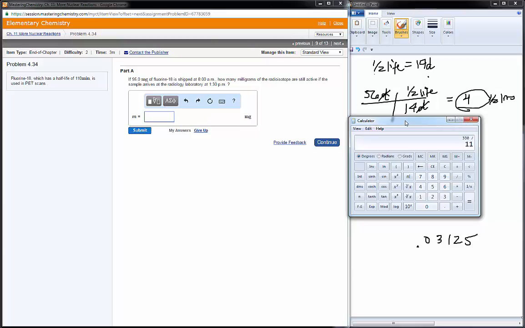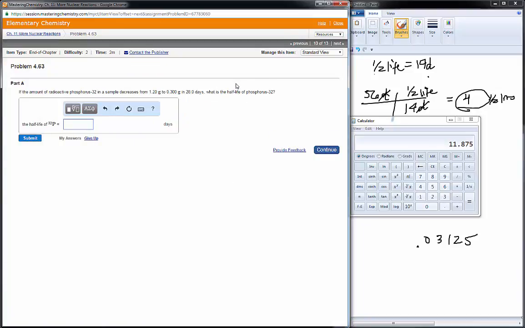Divide by a half-life of 110 minutes, and we see that 3 half-lives have passed. So if I started with 95 milligrams, divided by 2 3 times, because 3 half-lives have passed. 1, 2, 3. I've got 11.9 milligrams remaining.